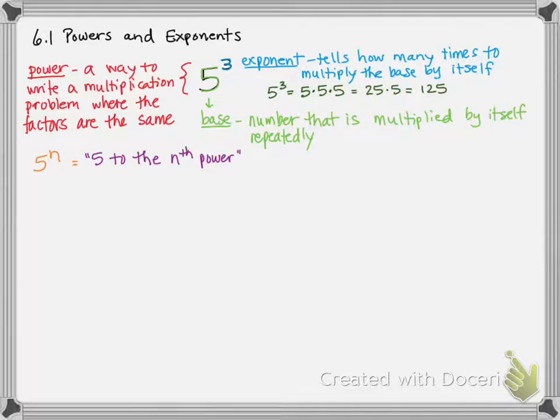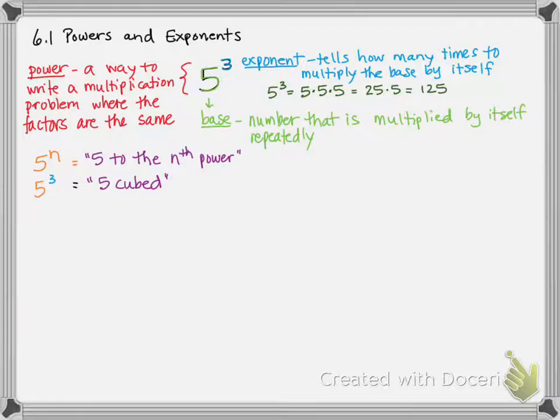Now there are a couple of exceptions to this. The first exception that we just saw was if you have an exponent of 3, then we don't say 5 to the 3rd power. We're going to say 5 cubed, because when we multiply something by itself, then we are cubing that number.